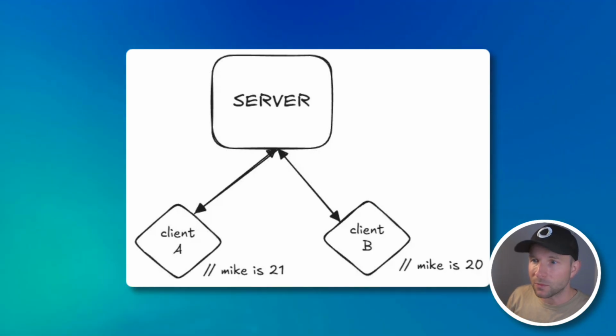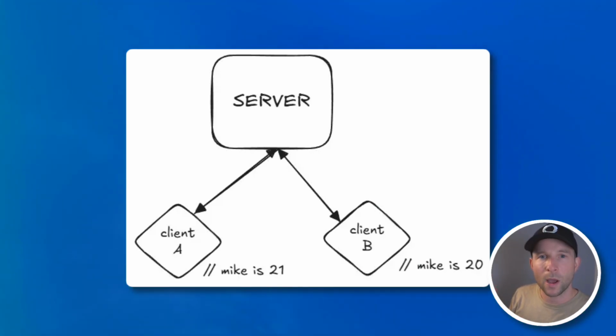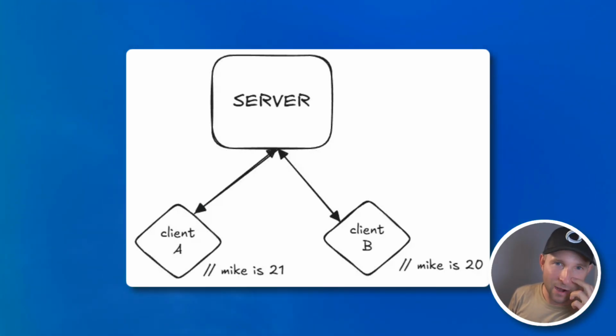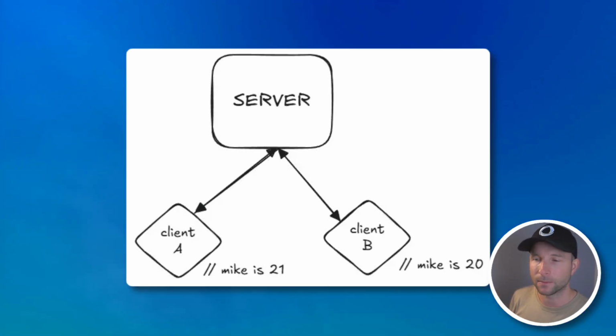And the reason why this happens is because we have no way of the server notifying the other clients when that state has changed. Now, I could start talking here about WebSockets or server-sent events or server-side rendering or anything like that, but let me just cut to the chase and show you how Convex solves this problem in a really elegant and neat and powerful way.